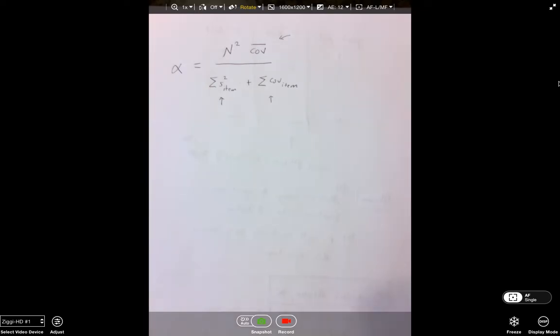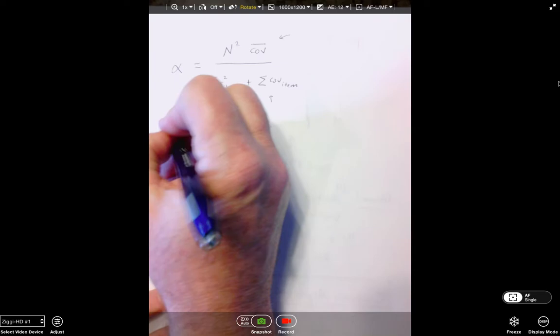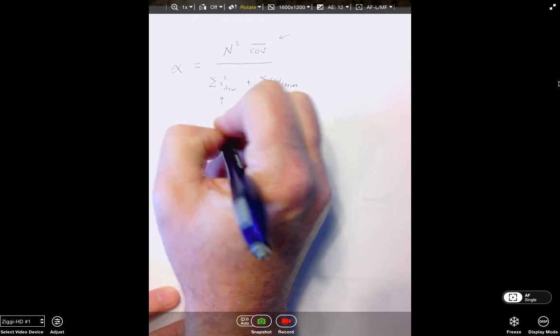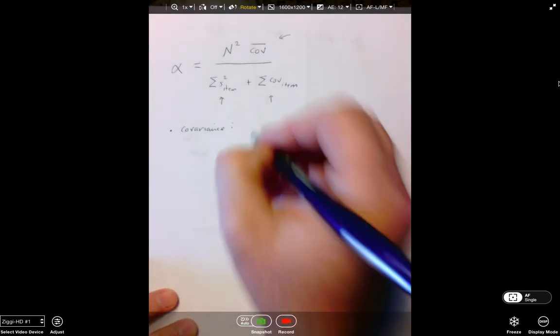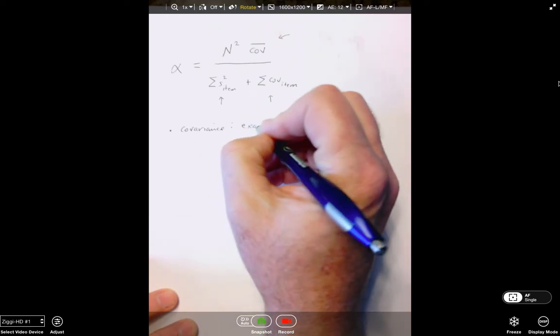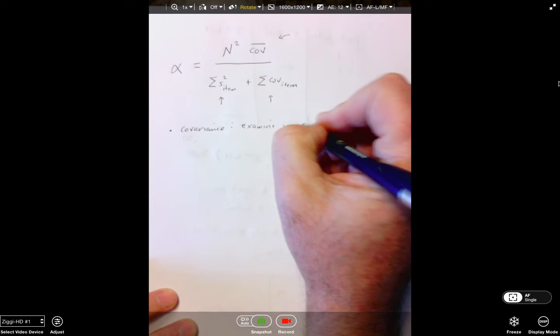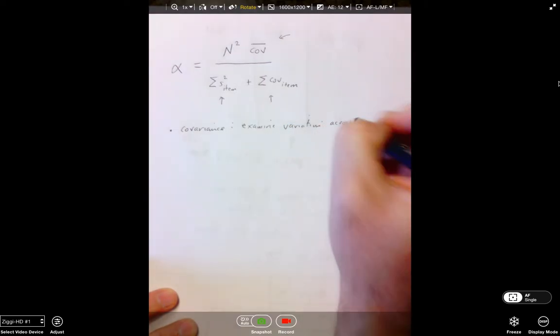So guys, in general, and I think this is worth repeating, covariance in statistics lets us examine variation across variables.